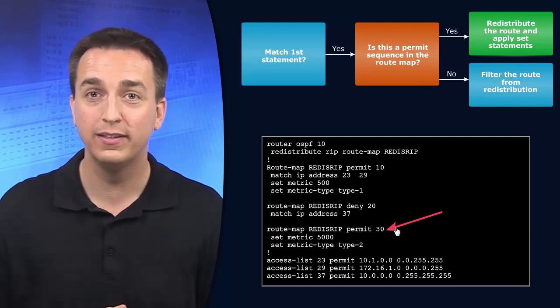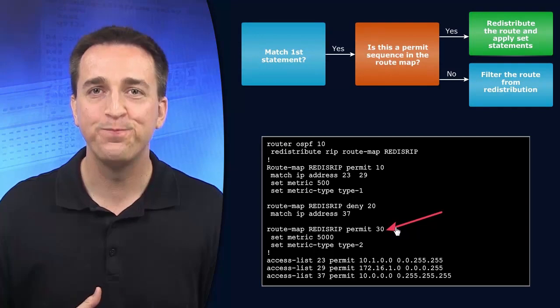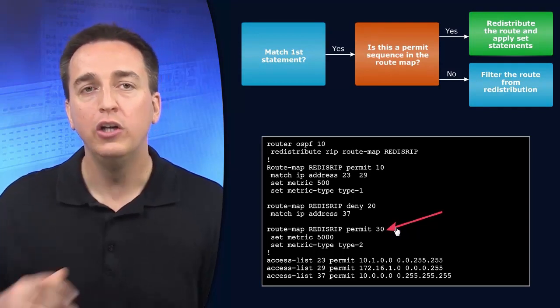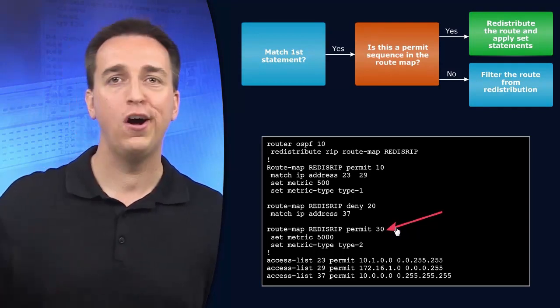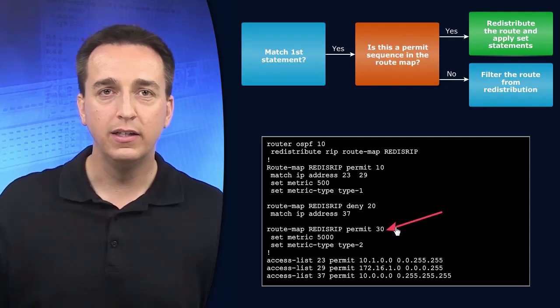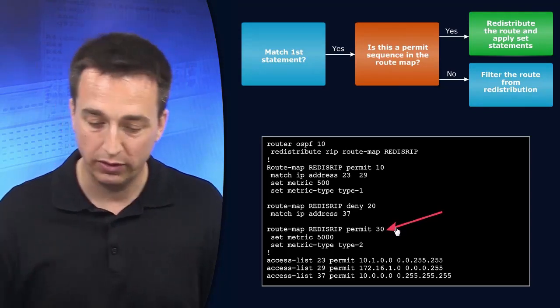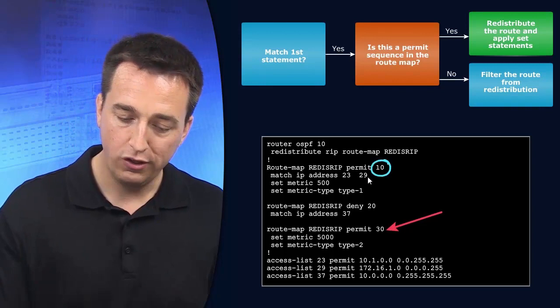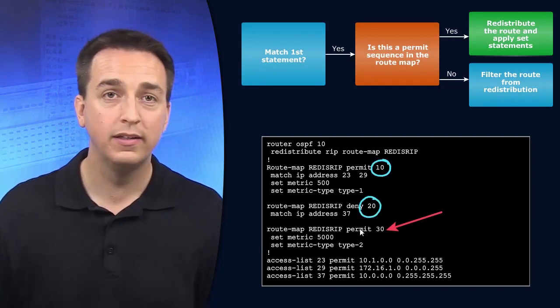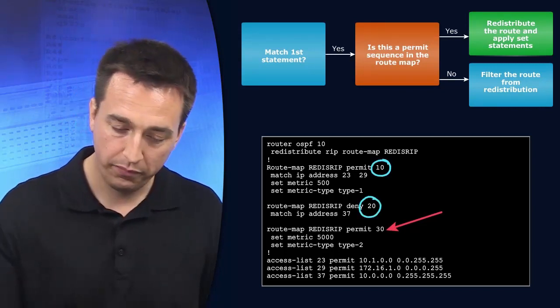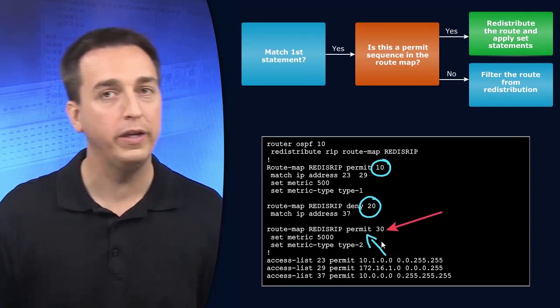Yell it out. That's right. It means match everything. So sequence number 30 is our catch-all route map here, saying that if you don't match sequence number 10, you don't match sequence number 20, then you will be redistributed.